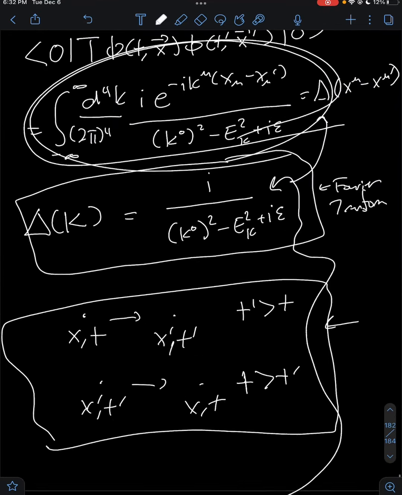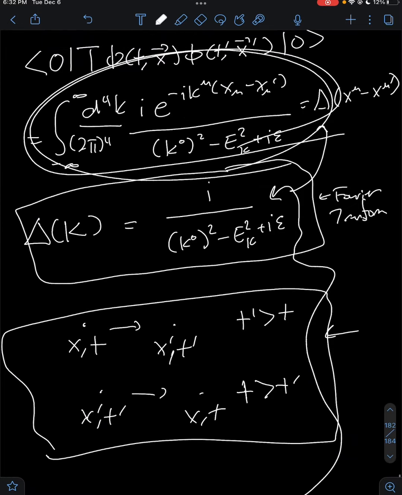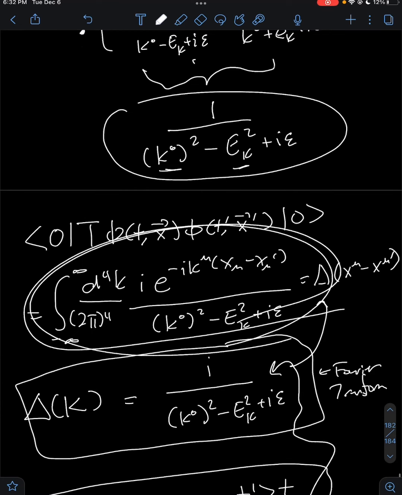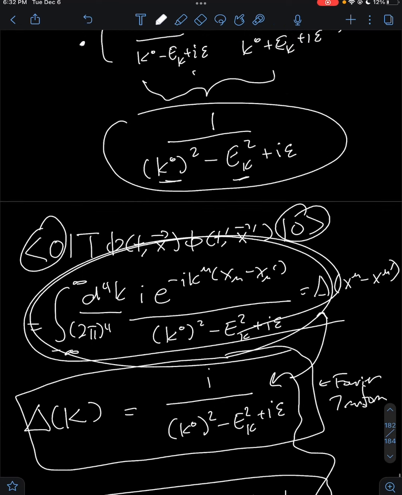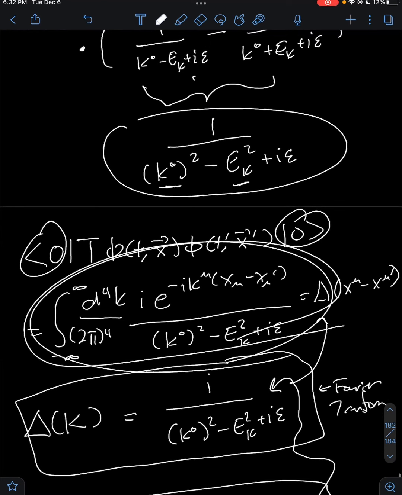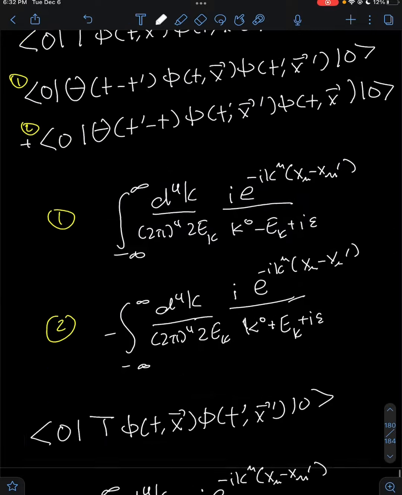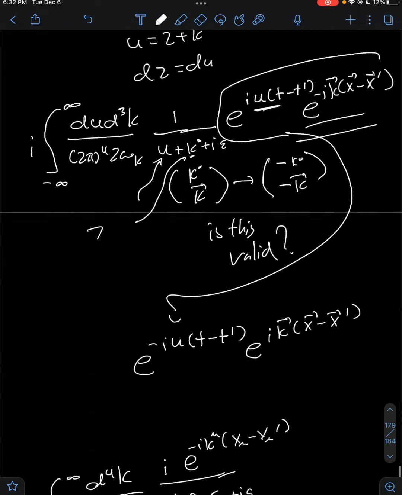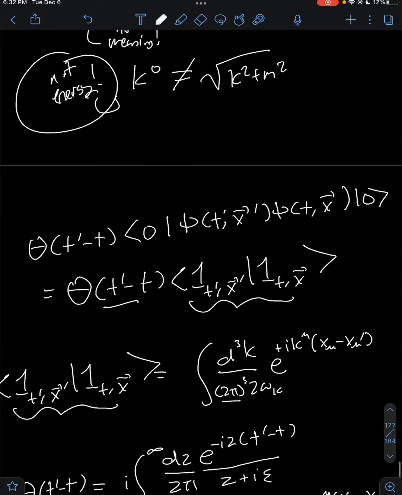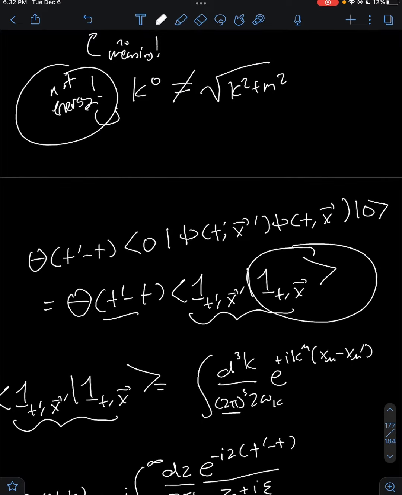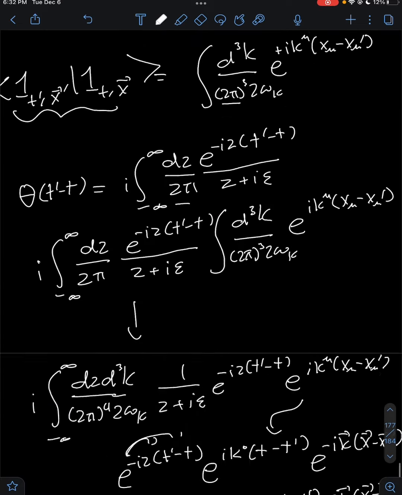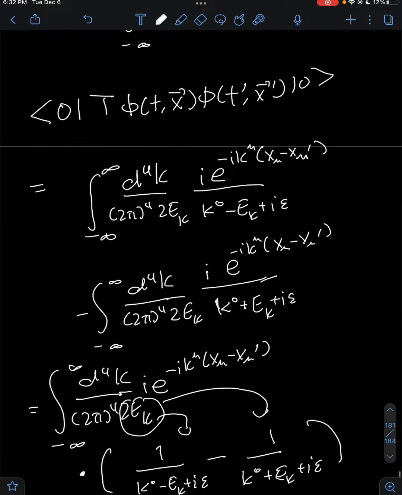Actual particles are represented in the formalism of the Hilbert space. They are represented as Fock states, right? These are the kets. In this case, we have the vacuum state, zero particles, and in this case, we have one actual physical particle. But the propagator is not a particle. It's not a Fock state.